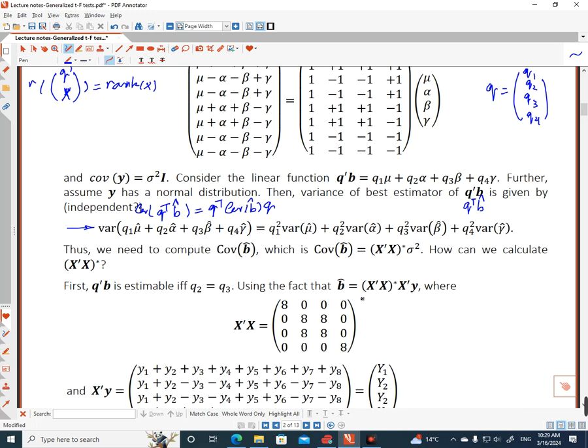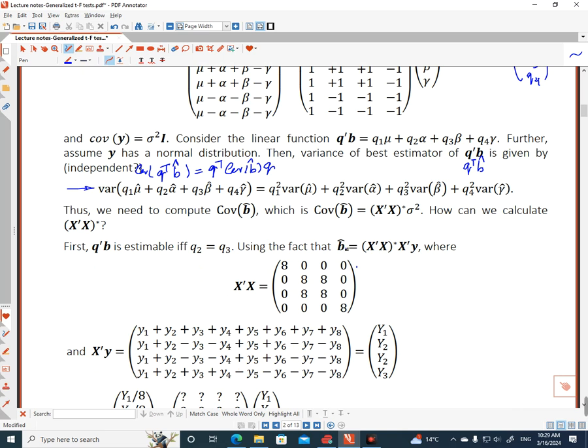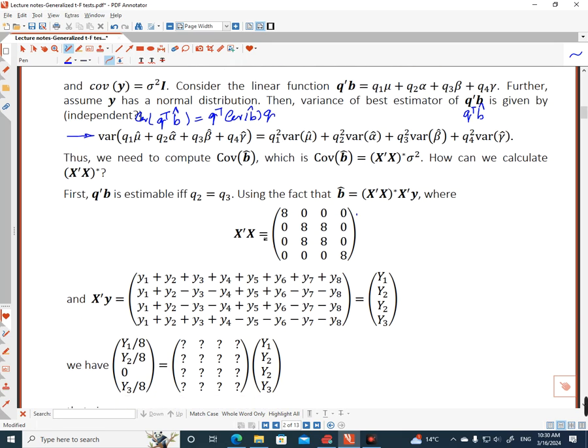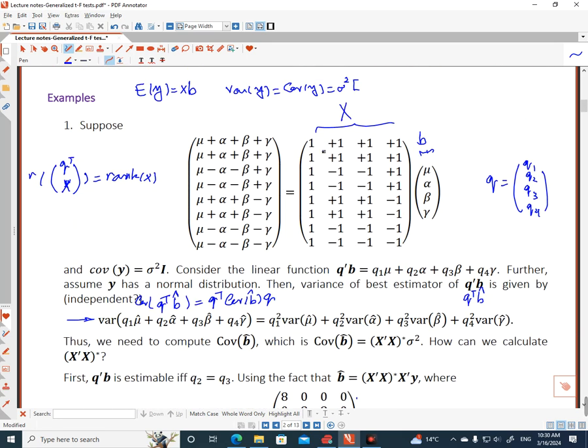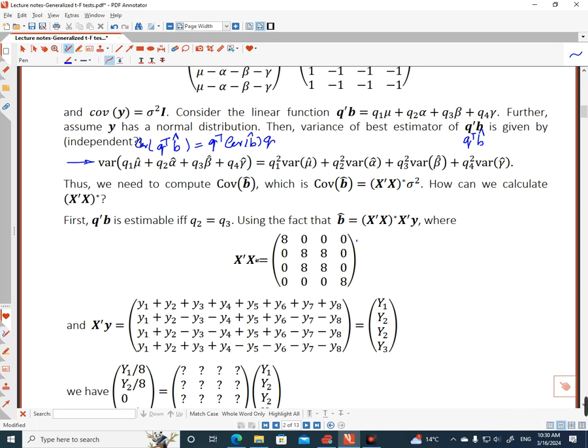Now, using the fact that you can write the best estimator as x prime x generalized inverse x prime y, and this is the design x, so you can easily compute x prime x. The x prime x is given by this matrix, and x prime y is also given by this vector. It is of course a matrix of dimension 4 times 1, but we call it a vector.